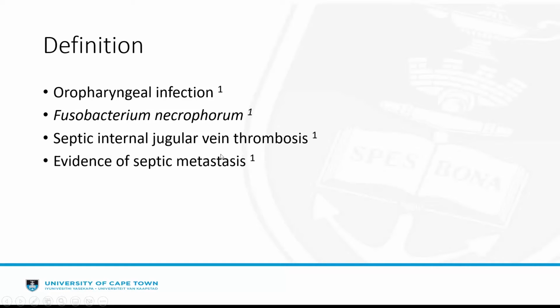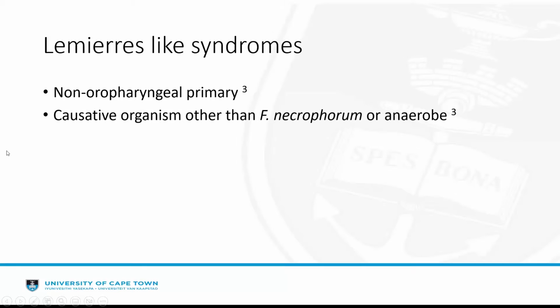And septic metastases can also be used as a marker of jugular vein thrombosis, where you don't see it, but you do see evidence of septic metastases. And then there's other people that feel that there should be coined Lemierre's-like syndromes, and this is any syndrome where you've got a non-oropharyngeal primary, like infections coming from the middle ear, sinonasal infections, that's associated with internal jugular vein thrombosis.